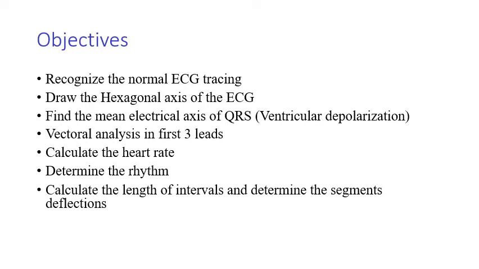Also, we can have a look at how we can calculate the heart rate from the ECG tracing to determine the rhythm, and to calculate the length of intervals, and to see a few of the abnormalities that we can figure out from the ECG tracing.